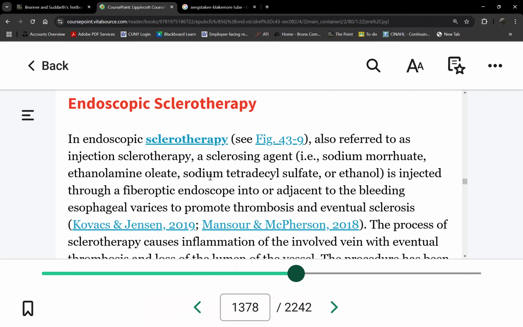Endoscopic sclerotherapy is the same as repairing varicose veins. I think we have a vein institute here on 6th Avenue, where they treat varicose veins. So this is one of those therapies. They do sclerotherapy, which is basically closing the vein, destroying it. They can do that also with the esophageal varices.